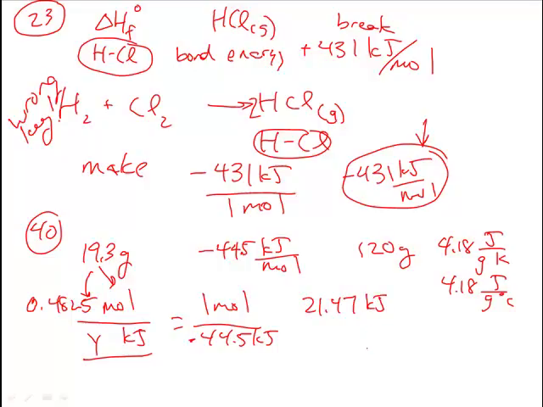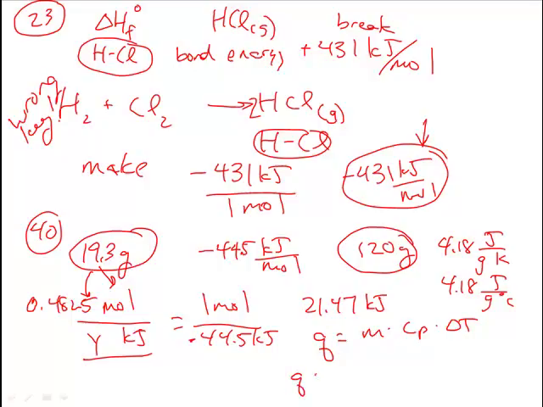Now, this heat is going into the solution. In the solution, we have 120 grams and 19.3 grams. So we use our Q equation for the solution. The Q for the solution is equal to the mass of the solution, which is 120 plus 19.3, or 139.3, times the specific heat capacity, 4.18 joules per gram degree Celsius, times the change in temperature, which we don't know.